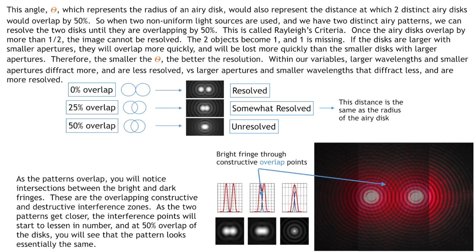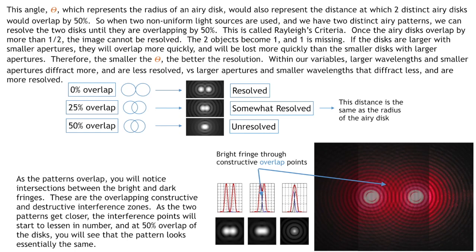So resolved, somewhat resolved, to basically unresolved. And this distance where it's somewhat resolved, just before 50% essentially, is the Rayleigh criterion. And this distance happens to be the same distance as the radius of the Airy disk, right? So 50% overlap of two disks is the point of the radius of a single Airy disk.